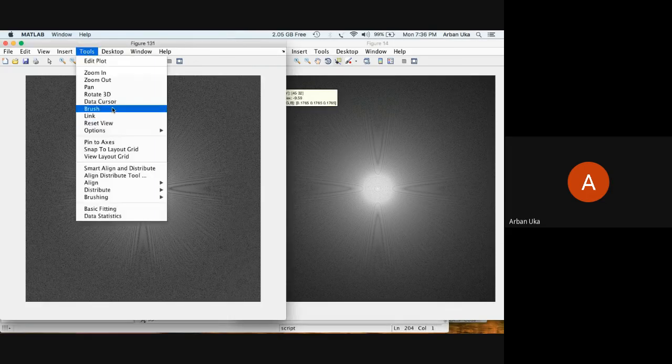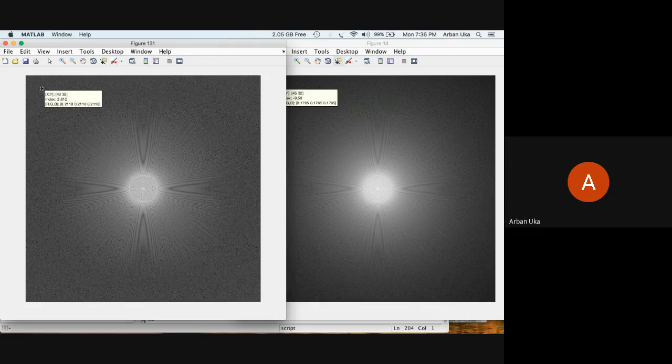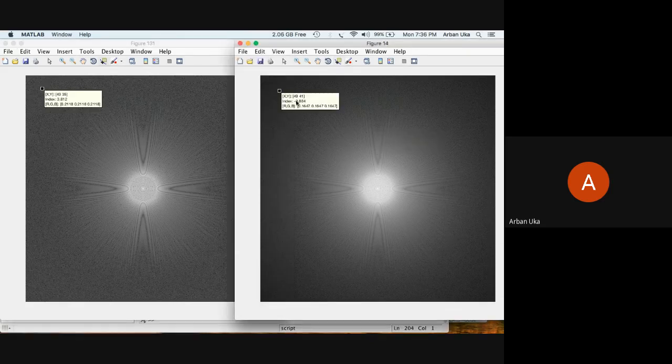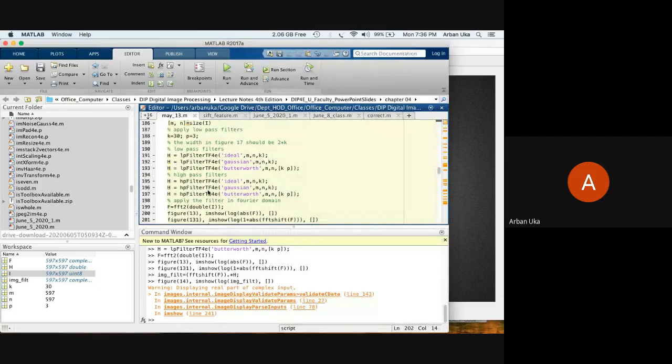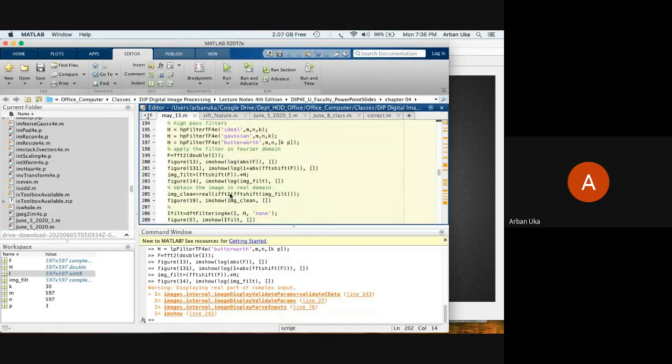But if we go here, data cursor, this is 0.21. So it looks like we have decreased the pixel intensities in the edges here, because we have a very wide filter. Probably we should use something narrower, but let's leave it like that for the moment.